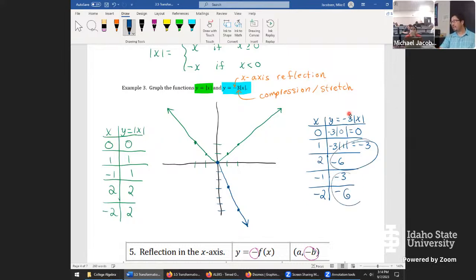And notice they just duplicate again, and that's symmetry working for us. So let's plot those last 2 points. At -1, we're down to -3, so it's right here. And at -2, we're down to -6. So completing that sketch, that's what the second portion would look like. That's our absolute value function here.